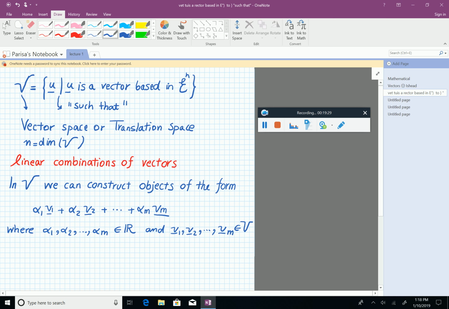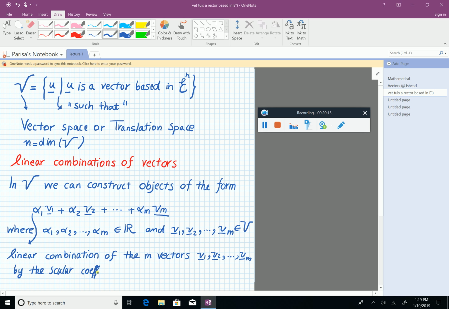Then this object is called a linear combination of the m vectors by the scalar coefficients alpha 1 to alpha m.